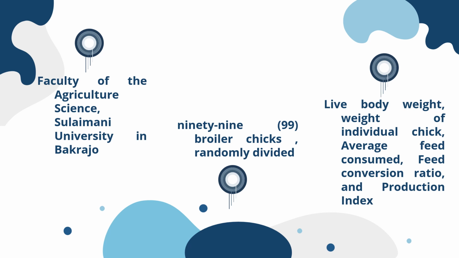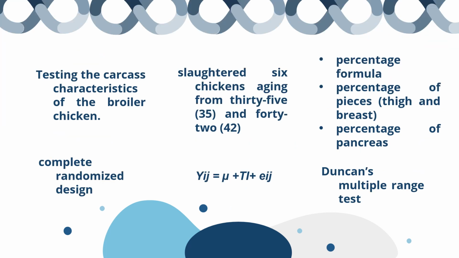per replicate. The parameters used are live body weight, weight of individual chick, average feed consumed, and feed conversion ratio. They also include the production index. They also tested the carcass characteristics of the broiler chicken.